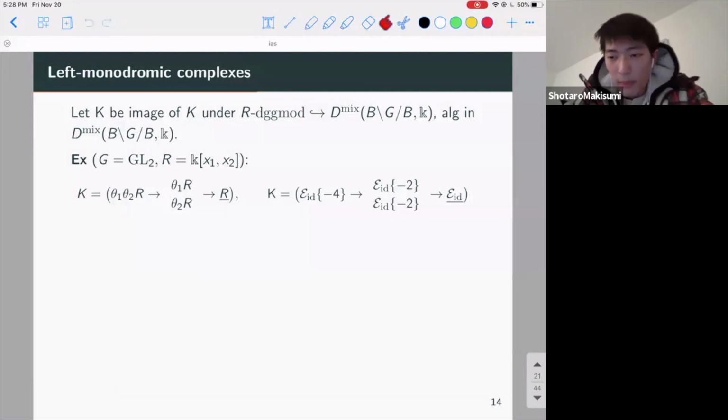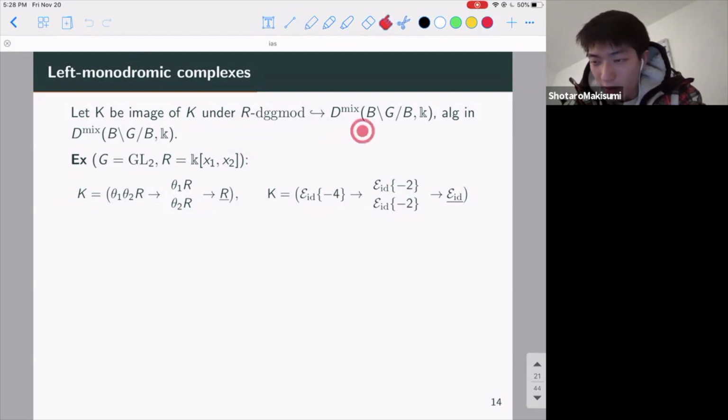Now, you can view K as an object in this triangulated Hecke category in the following way. Let's just take each copy of this R and note that R is the monoidal identity in R modules, and replace it with the monoidal identity in D mix BGB.